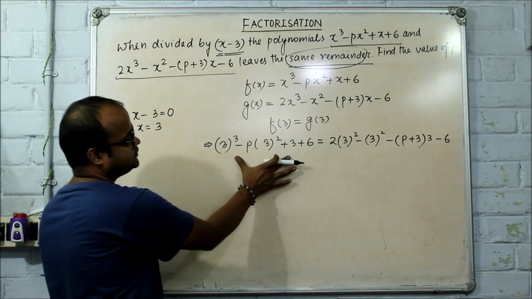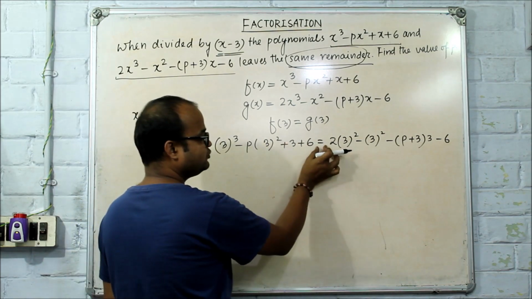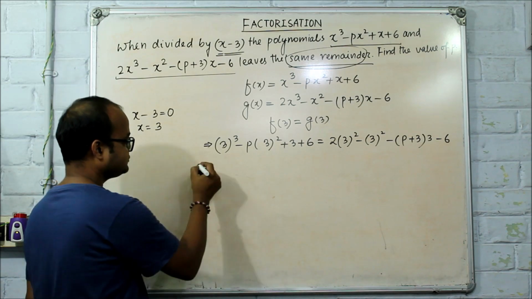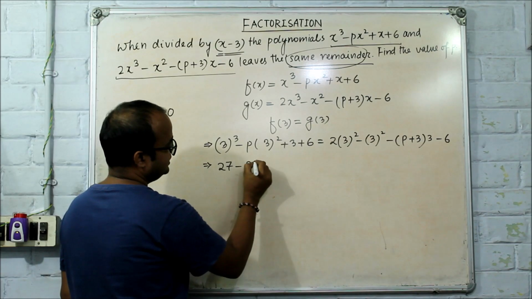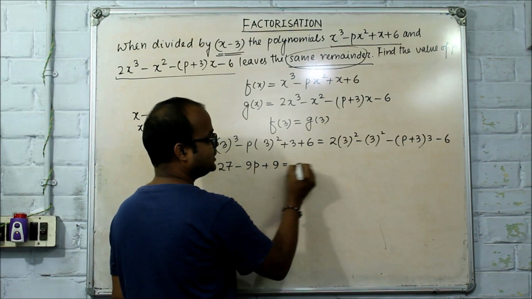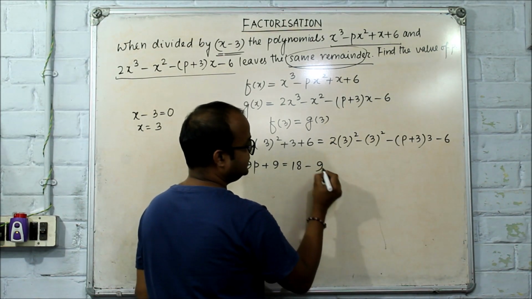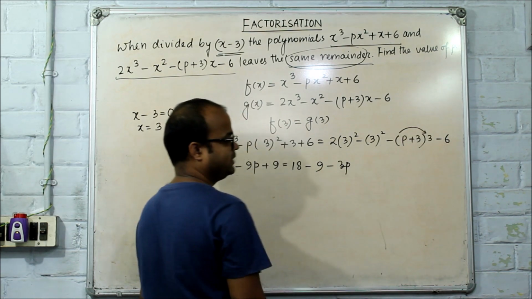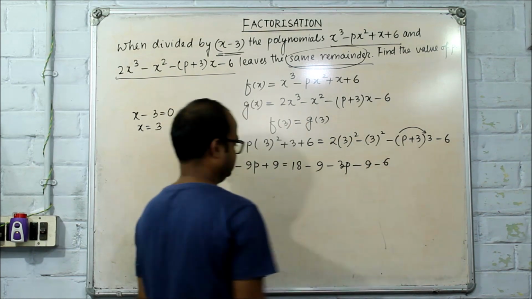So this will give the remainder and this will give the remainder, and since the remainders are same, we are equating these two. 27 minus 9p plus 9 is equal to 54 minus 9 minus 3p minus 9 minus 6. Clear?